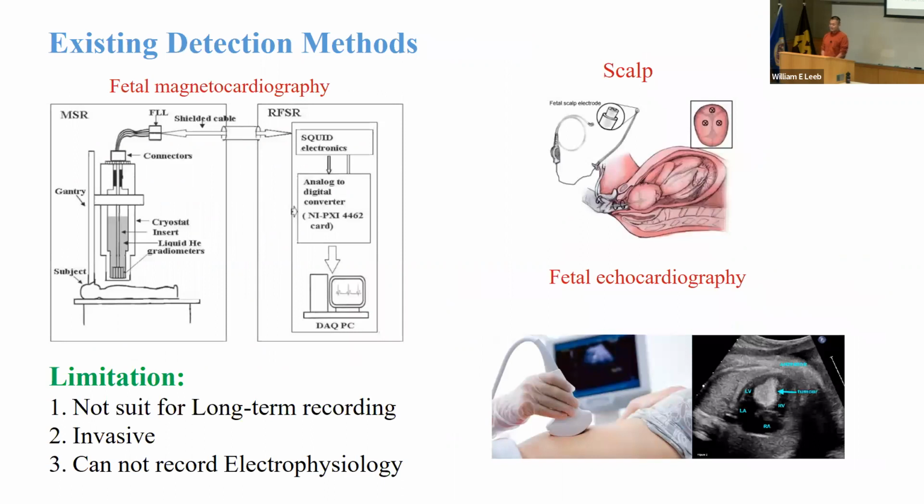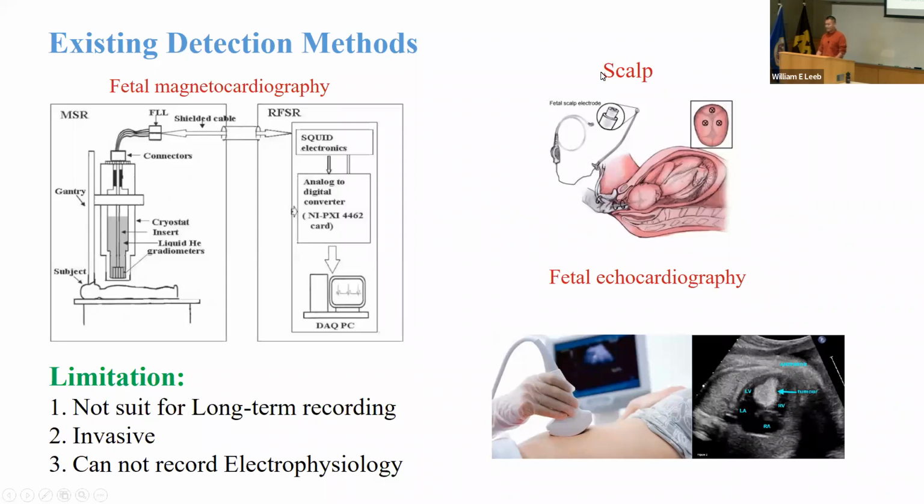There are some existing detection methods, including fetal magnetocardiography, where we put a huge machine on the mother's abdomen and detect the heart signal through the magnetic field transmitted from the fetal heart, and record the ECG.